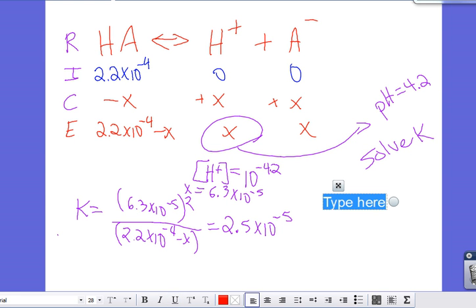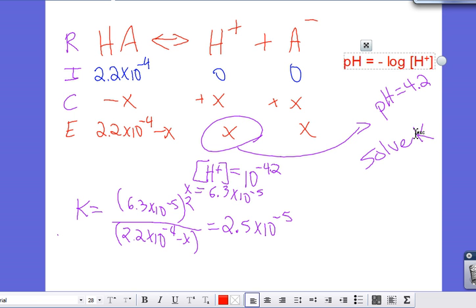If they say the pH, we know pH is related to acids. Let me just type the equation real quick. So we know that pH is equal to negative log of H. If they give us a pH, this is just a random example, say the pH is 4.2. How do I solve for this X value since it represents H? We can take the anti-log of both sides.